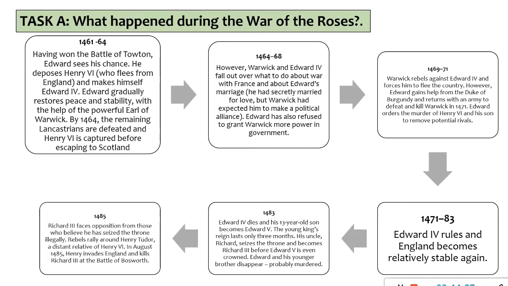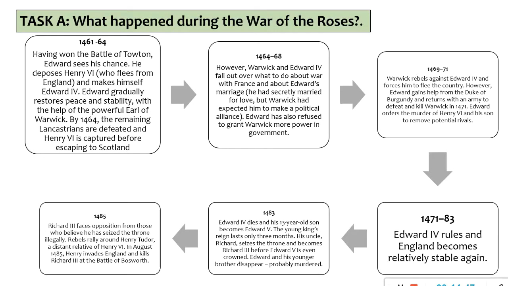Richard III rules for 2 years, but is seen by many as an illegitimate heir to the throne, and the Yorkists on the throne face a lot of disagreement and discontent from their barons. Richard III faced opposition from those who believed he'd seized it illegally.